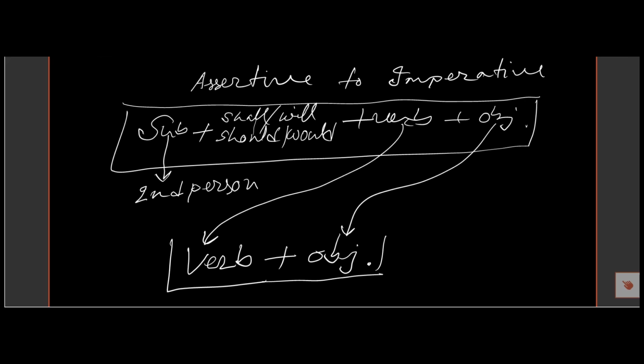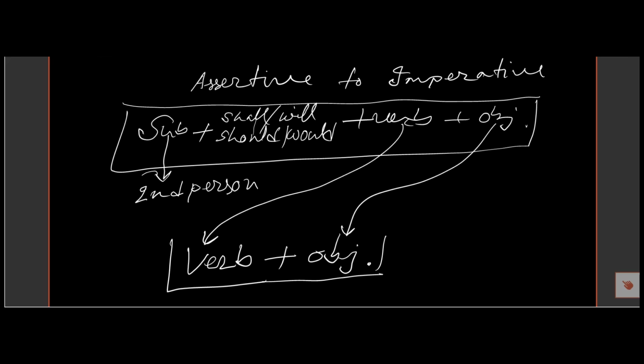I repeat, if the assertive sentence structure is subject, then shall, will or should, would, and then verb, and then others, object.